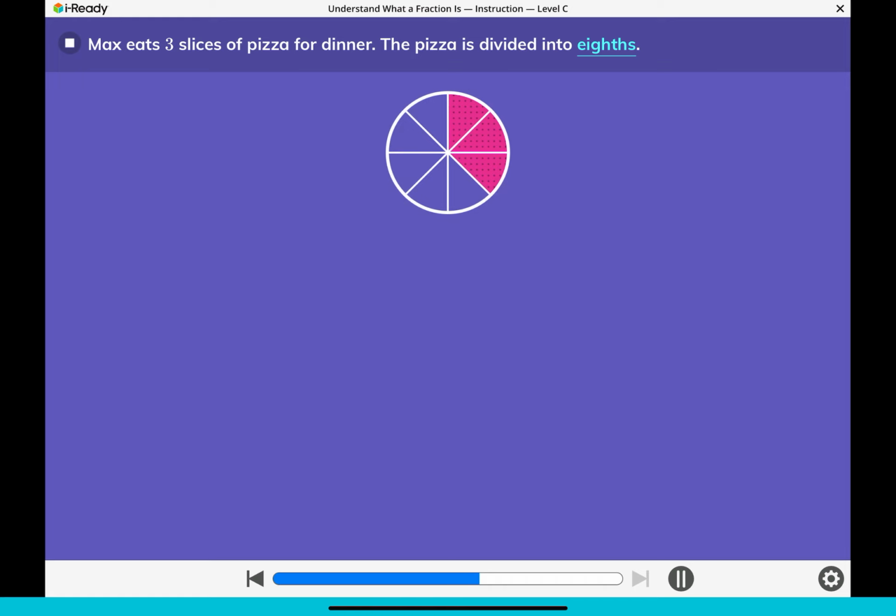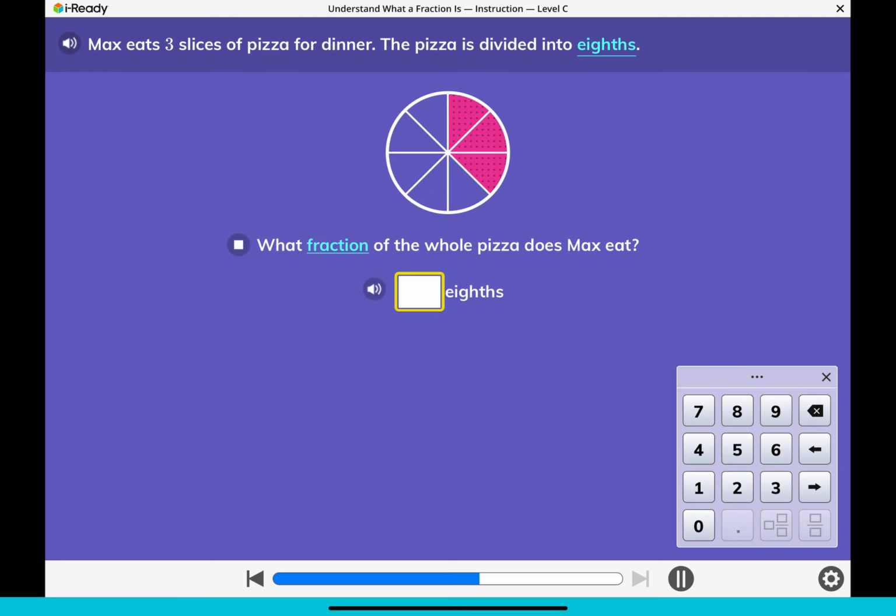Max eats 3 slices of pizza for dinner. The pizza is divided into eighths. What fraction of the whole pizza does Max eat?